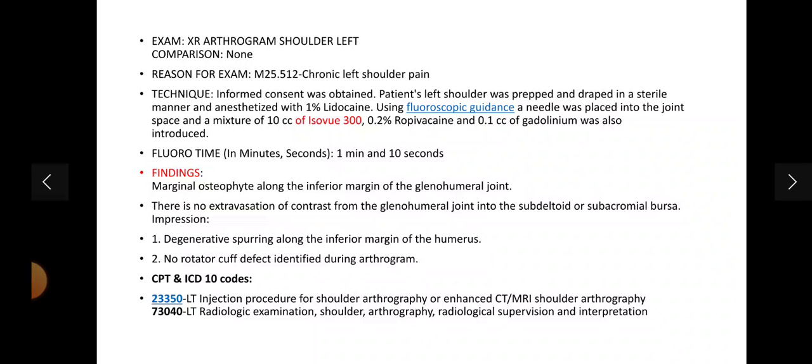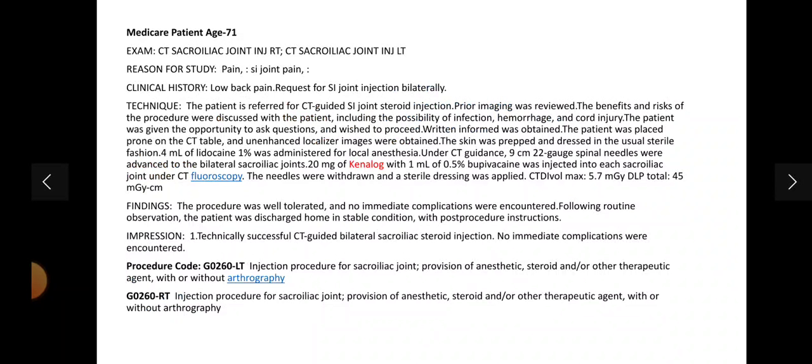So this is the final slide, and I hope you have got the point of what I wanted to discuss. Here I have shared one more CPT for coding, G0260. This is for sacroiliac joint. In this, the only difference is you can see they have injected Kenalog. Kenalog is a steroid. So this leads to an injection procedure in which a steroid is used, and we have a separate code for that.